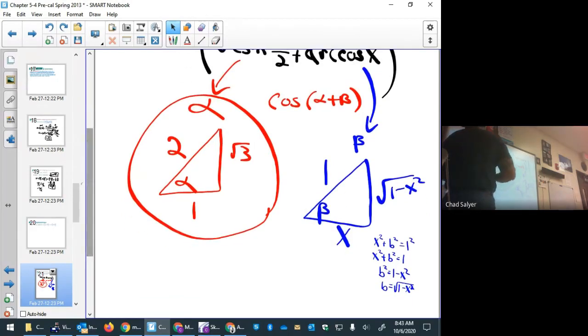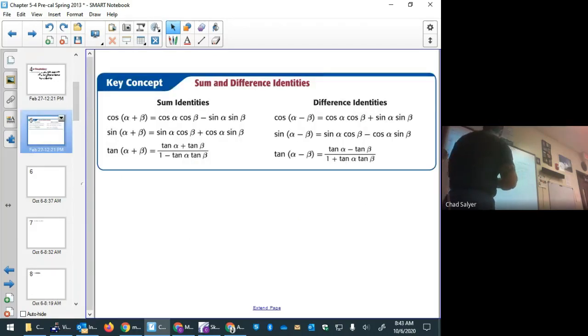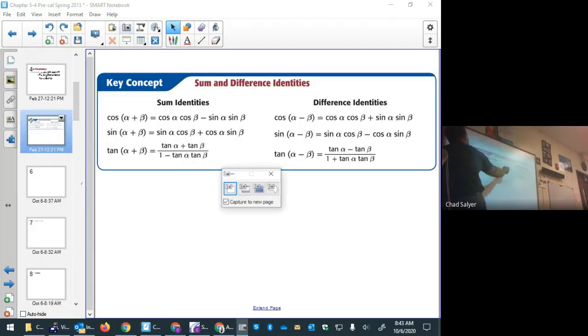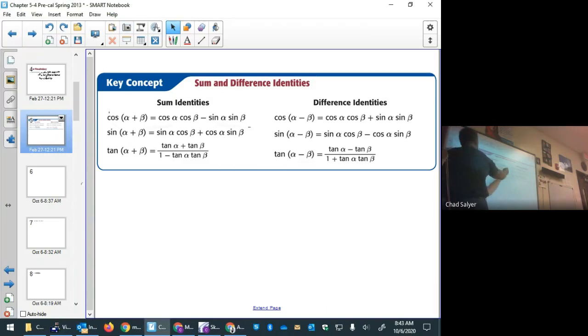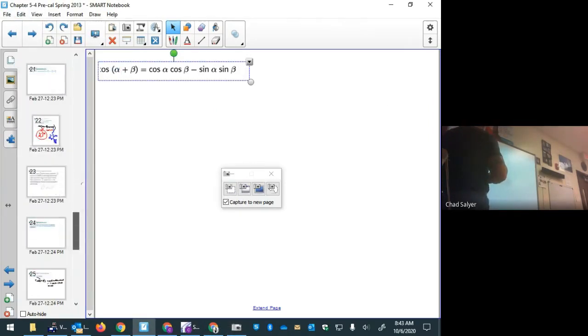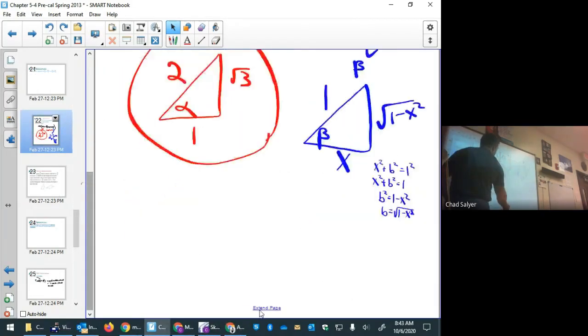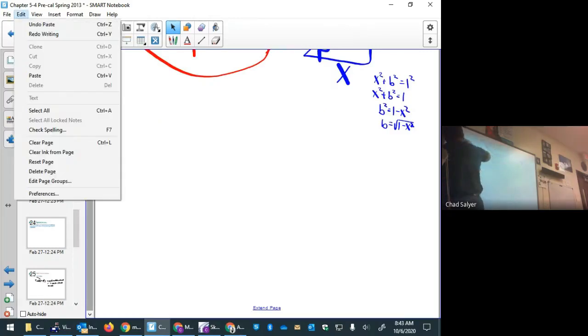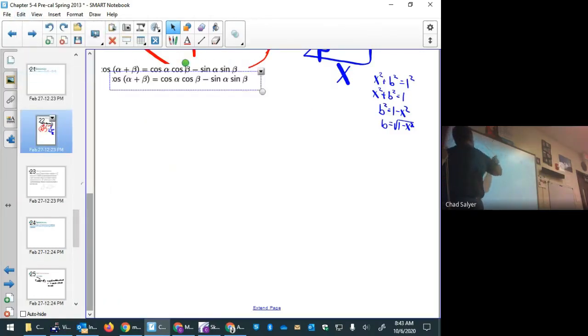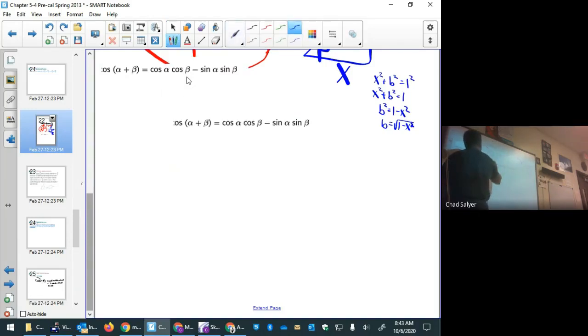Let's apply that formula. So once again, go back to our formula sheet. We want the cosine of alpha plus beta. That's the upper left here. So cosine alpha plus beta.